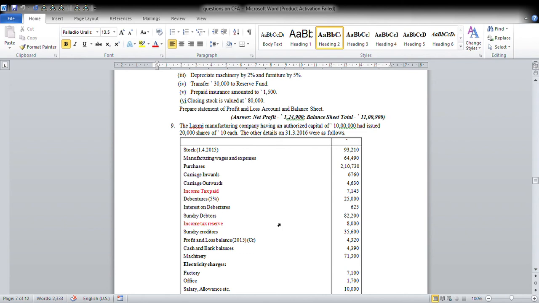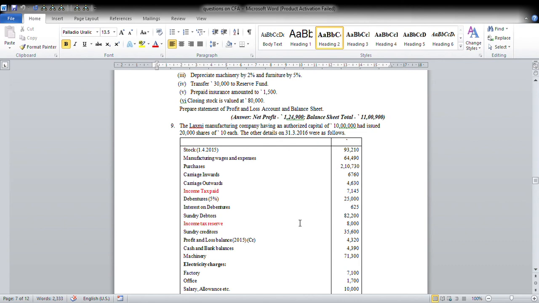And the balance of the profit which has been left over after showing the deductions towards interim dividend, the balance of the profit which is still available with the company is 3,16,302.